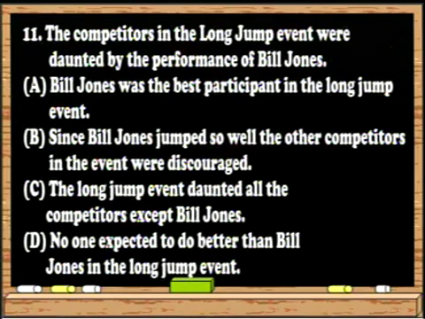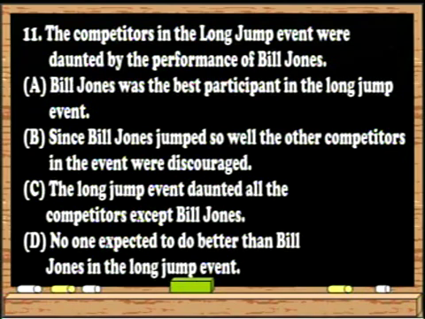The competitors in the long jump event were daunted by the performance of Bill Jones. Again, let's read that again. That's the original sentence. The competitors in the long jump event were daunted by the performance of Bill Jones. And the options: Bill Jones was the best participant in the long jump event.